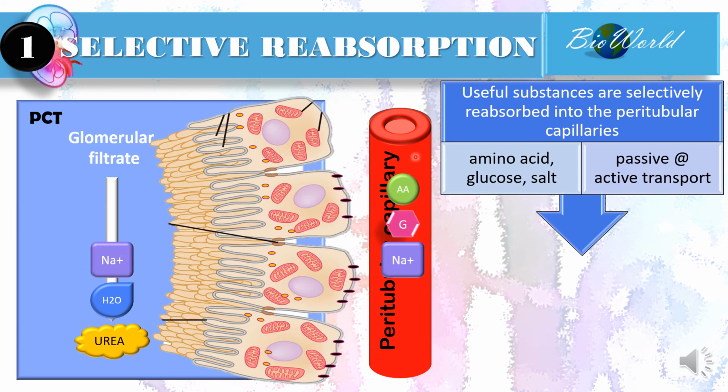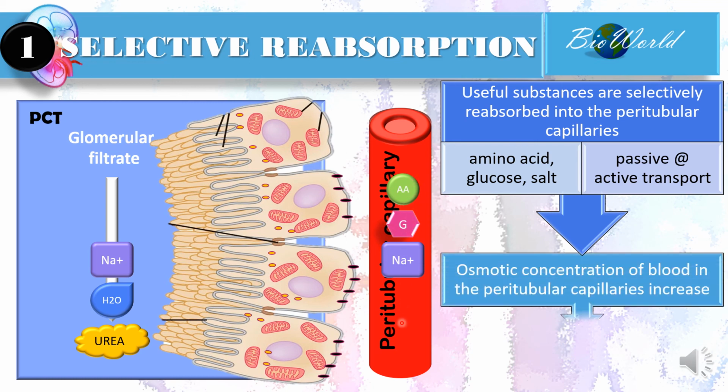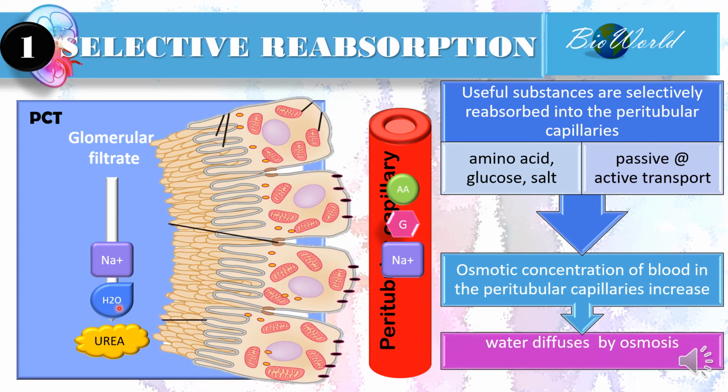Now, the presence of the amino acid, glucose, and sodium ions in the peritubular capillaries cause the osmotic concentration of the blood in the peritubular capillaries to increase. So this will cause water to diffuse by osmosis into the peritubular capillaries. So the glomerular filtrate now will only contain sodium ions, water, as well as urea.